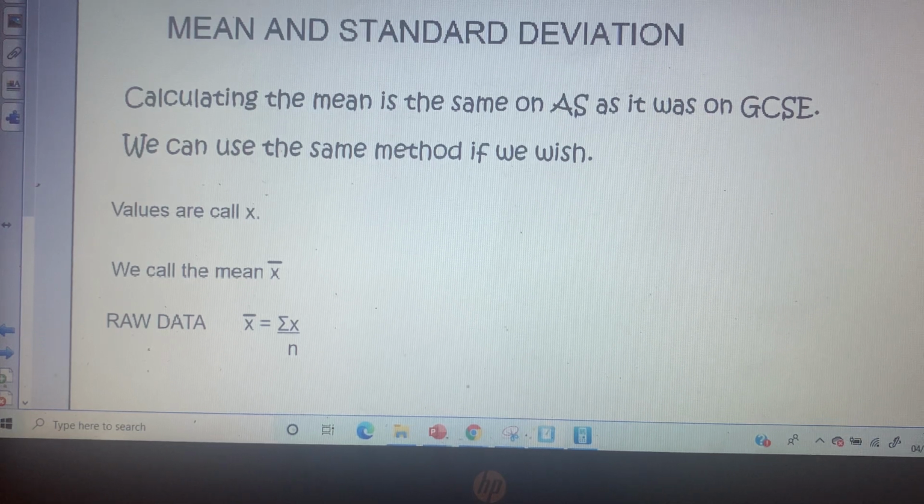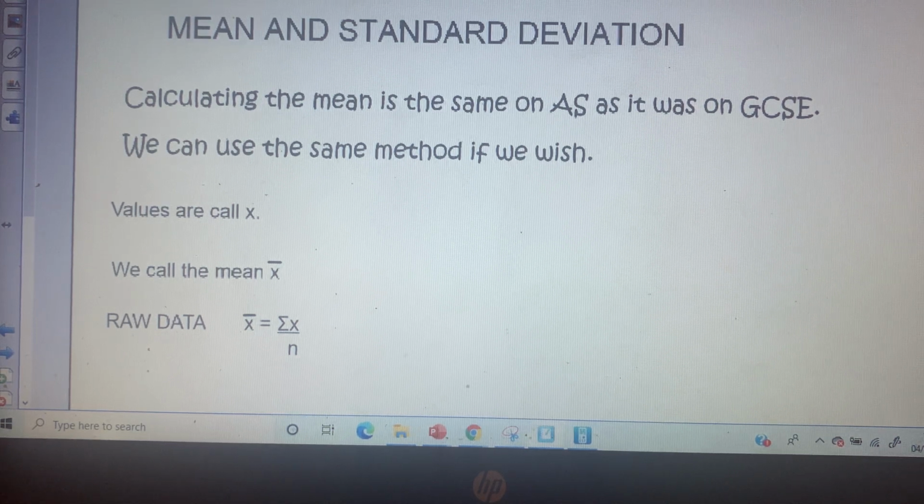So our title of what we're going to do today is we're going to meet a new measure of spread. So far, the measures of spread we've been dealing with are the range, which is a rather crude measure of spread, and the interquartile range. And the interquartile range aligns itself very much with the median.